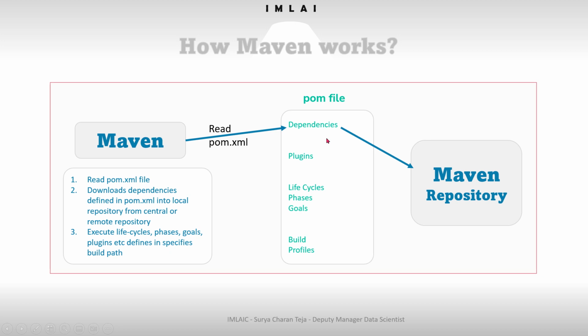POM files, project object model files, are XML files that contain information related to the project and configuration information such as dependencies, source directory, plugin goals, and plugins. Plugins are what need to be brought in and installed so that whatever commands you have written inside your script can be executed.